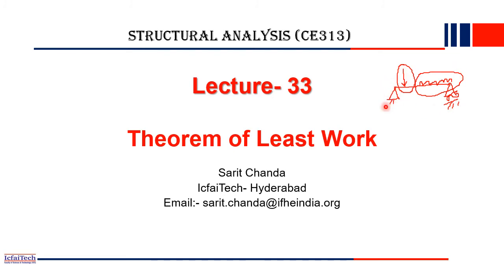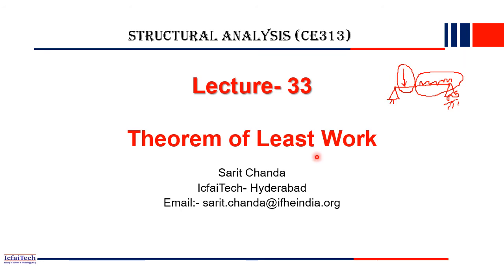Because this is a hinge support, so we have two unknown reactions, and this is a roller support, which has one unknown reaction. So in total three unknown reactions, and we have three equilibrium equations to solve: summation of all horizontal forces equal to 0, summation of all vertical forces equal to 0, and summation of all moments about a particular point equal to 0. So we have three equations and three unknowns, and we can solve all the unknown reactions in this beam. So this beam is a determinate beam.